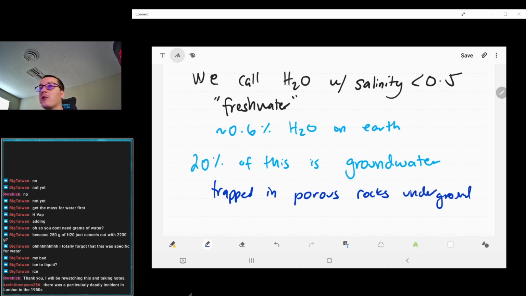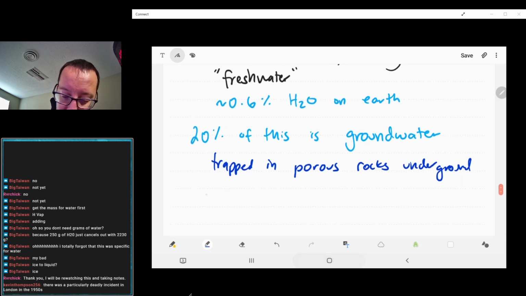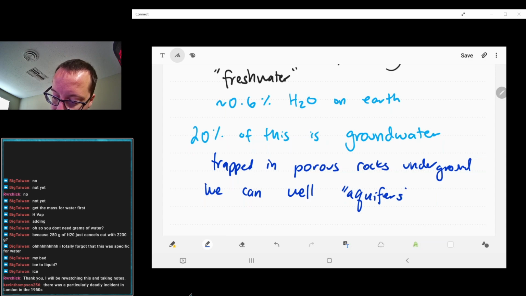And so that water just stays there. It can be there for millennia. Thousands of years, that water is just stuck there. We can get to it. We can tap what are called aquifers, which are regions of groundwater.